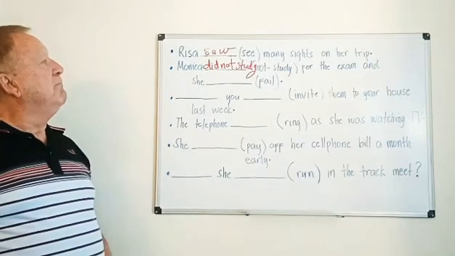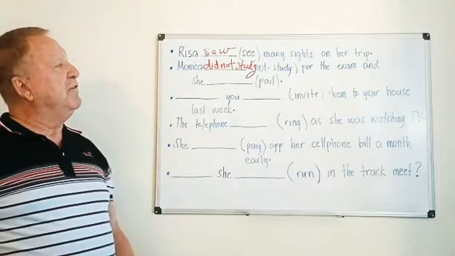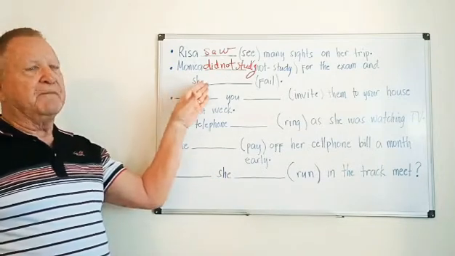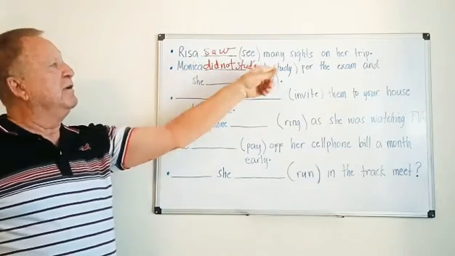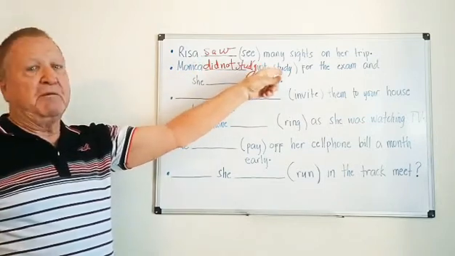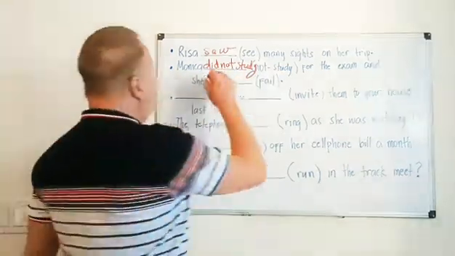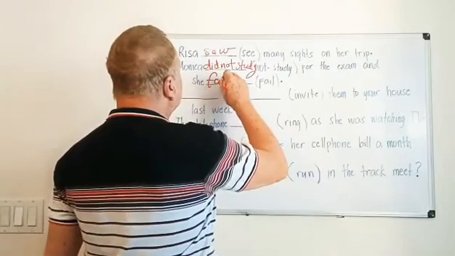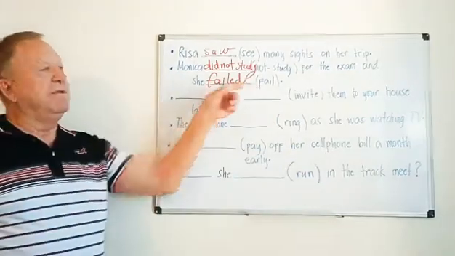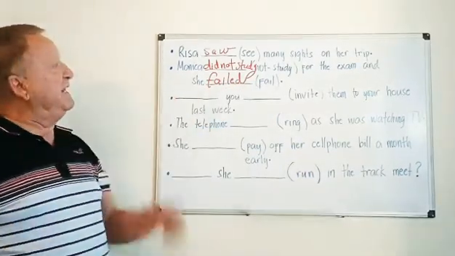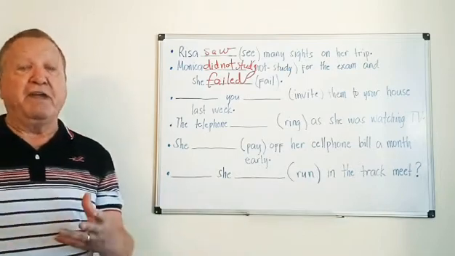All right. Monica, blank, not study for the exam, and she failed. Monica did not study. Remember, since it's a negative, we're not going to change the form of the verb study. Did not study for the exam, and she, and this is a regular verb, fail, we just add ed. Monica did not study for the exam, and she failed.